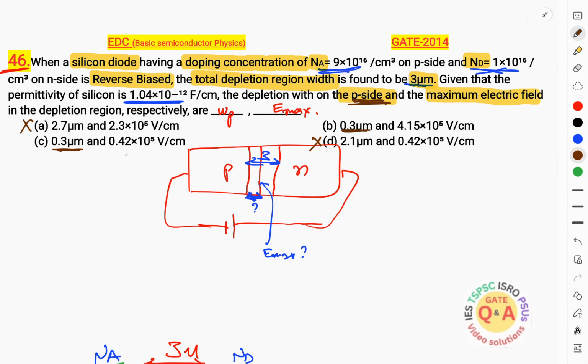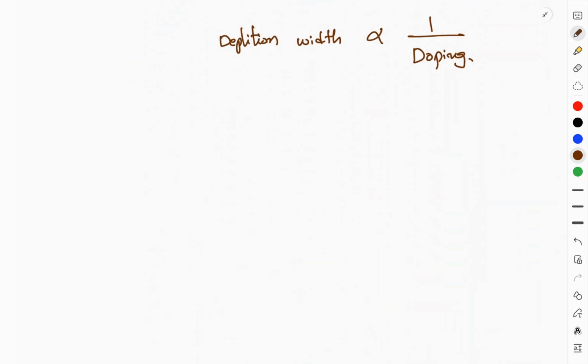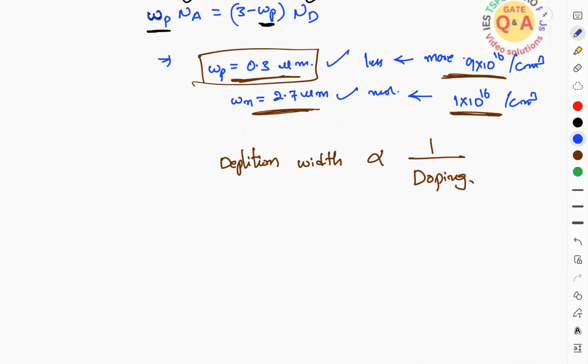But we need to find the electric field, whether this or this one is correct, either B or C. We need to calculate. We know the formula for the maximum value: electric field maximum is equal to charge into N side width into doping concentration divided by permittivity.